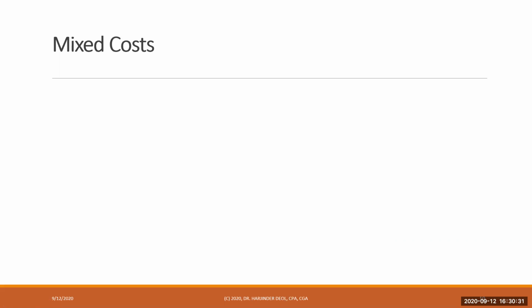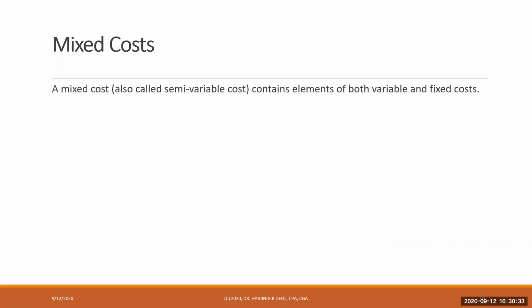So mixed costs, as we saw, contain elements of both variable and fixed costs. In the world of economics, these costs are called semi-variable. And as such, a mixed cost can be denoted as a straight line.